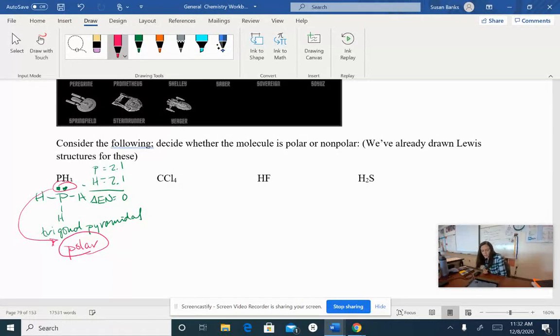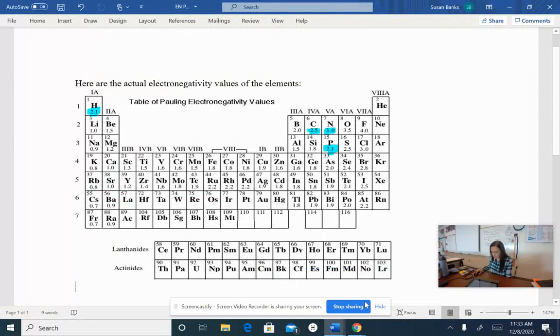Okay? Carbon tetrachloride. So here we go. We have a Lewis structure like this, where we have chlorines all the way around, all four. So we have 4 bonding areas, and they're all bonding, so we have a tetrahedral shape. The next thing we want to check is our electronegativity.